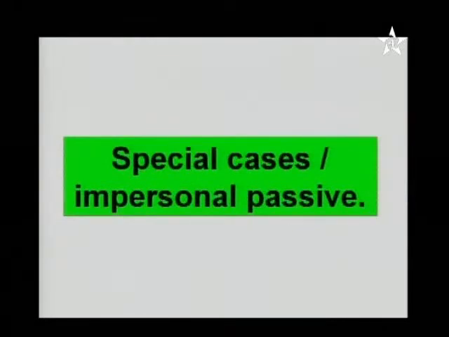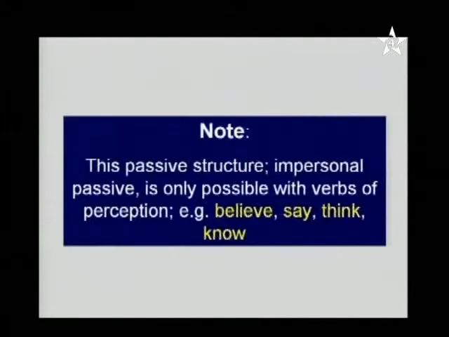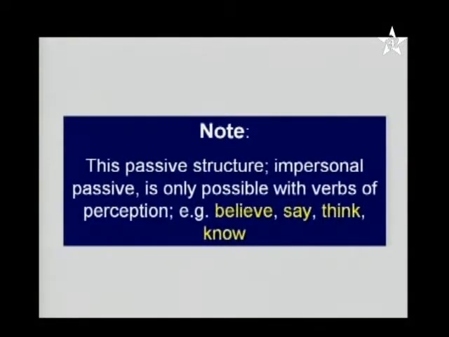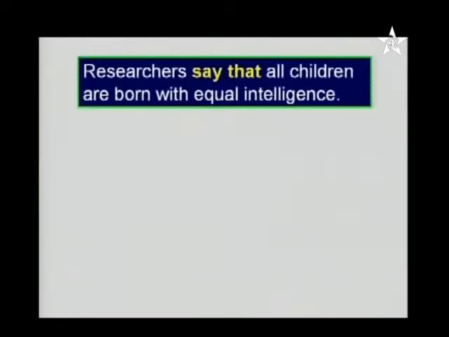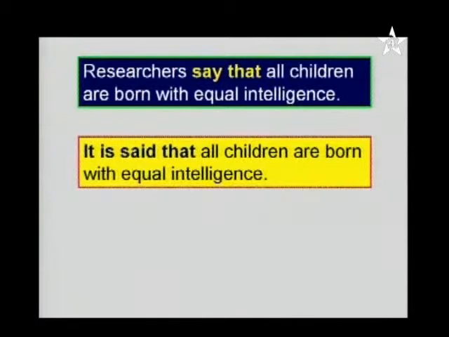Special cases, impersonal passive. Note that the impersonal passive is only possible with verbs of perception, for example believe, say, think, know. Let's see a few examples. Researchers say that all children are born with equal intelligence. It's common to say, impersonally, it is said that all children are born with equal intelligence.